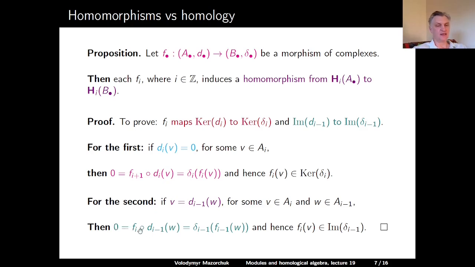So what we can say is that if we apply Fi to di minus 1 of W, this is equal to delta I minus 1 applied to Fi minus 1 of W, and hence Fi of V belongs to the image of delta I minus 1. Because here we have Fi of V on the left-hand side, and we can rewrite it in the form delta I minus 1 applied to something. This proves the second claim.